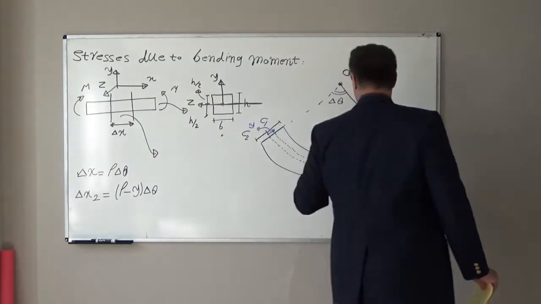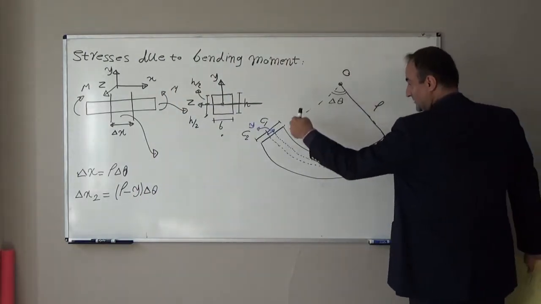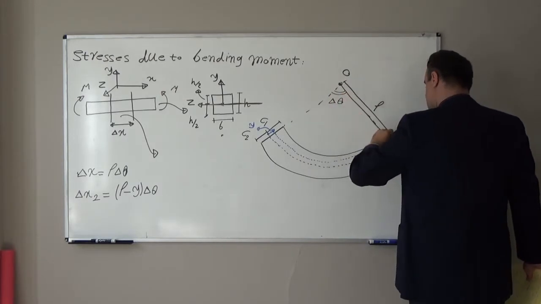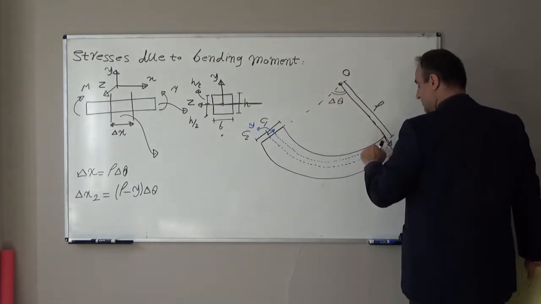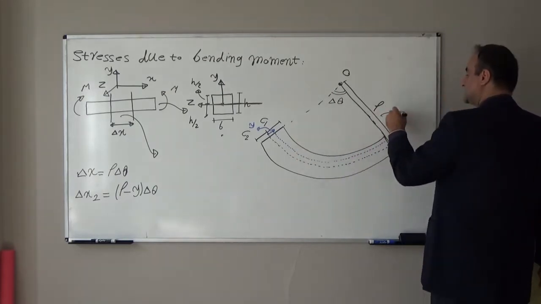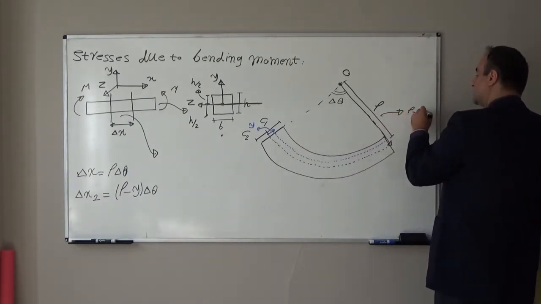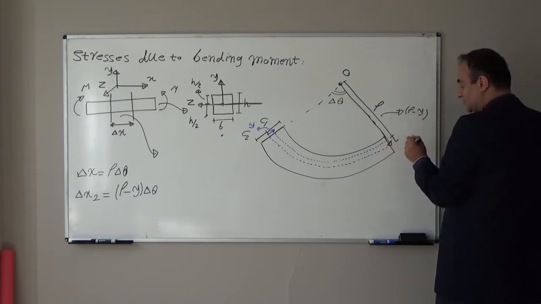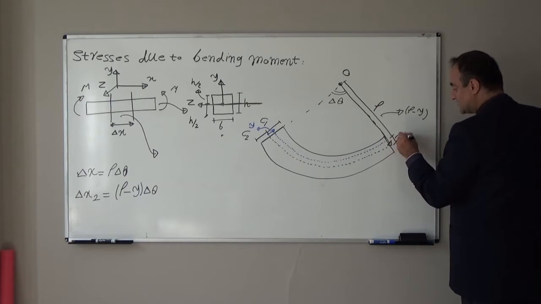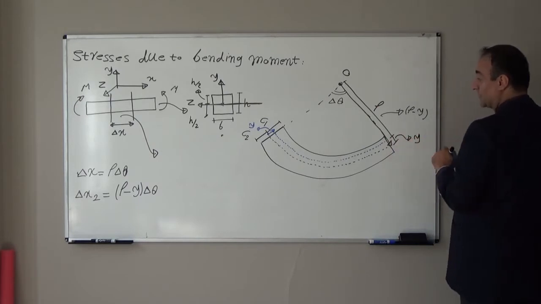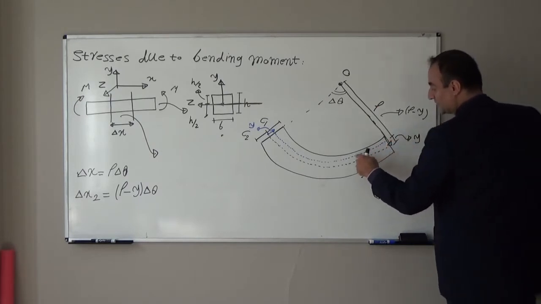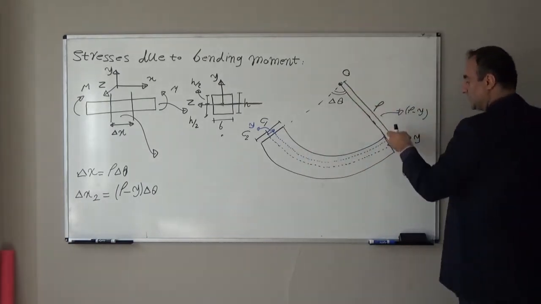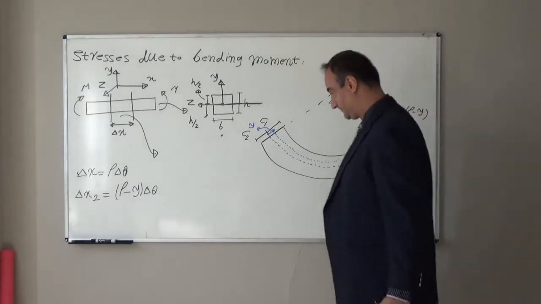From the center to the location of this blue dashed line it is rho minus y, because from here to the neutral axis it is y. So the length of this blue arc will be rho minus y, the radius, times delta theta.